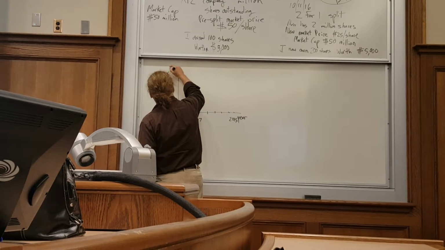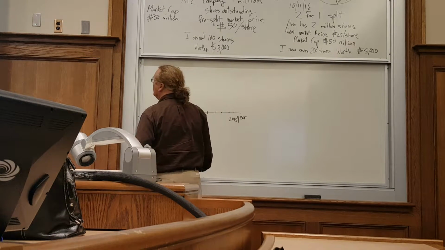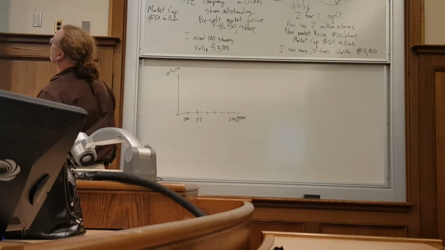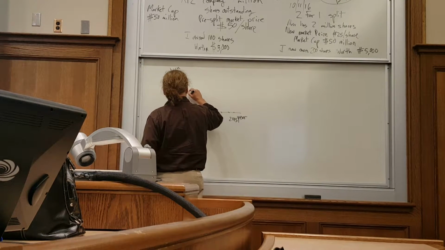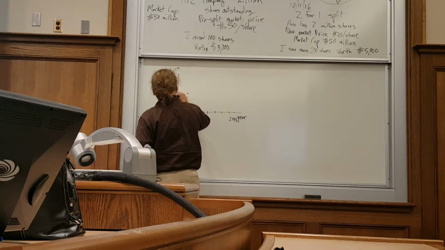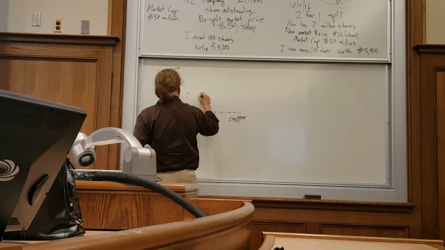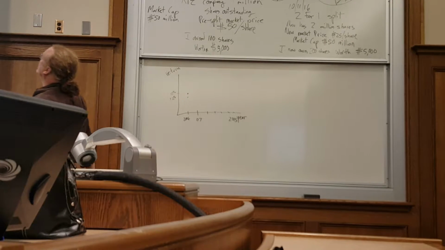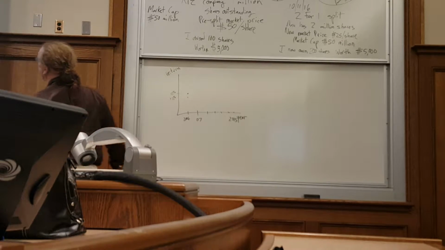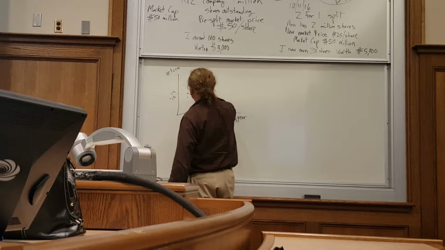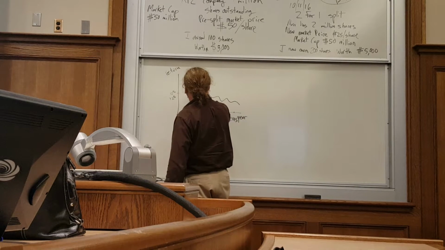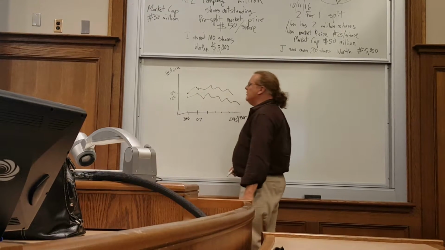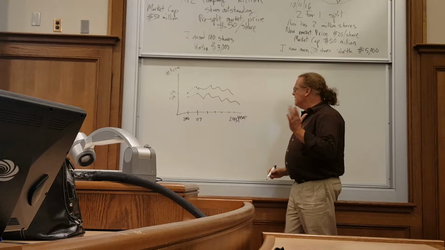And this will be return. And you'll have your arithmetic 52, continually compounded 42. So this will be like 52, 42. And then these will be 65 and 50. So this will be up here like this. This will be about like this. I don't know what it'll look like. It'll be different for every stock. You just connect the points, get it to draw a line.